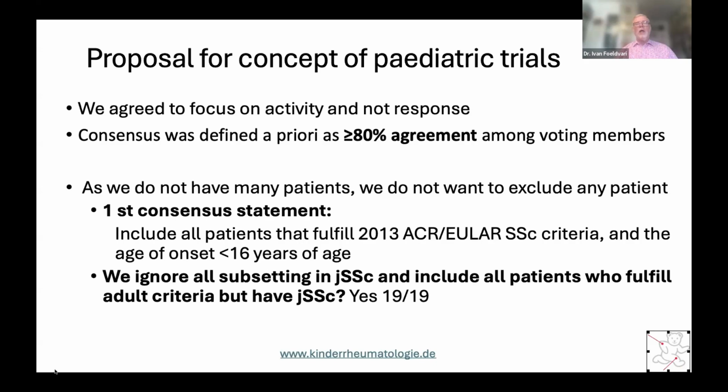A huge difference from adult studies is that we want to ignore subsetting. You know that there are diffuse and limited subsets, and there are patients who don't have any skin involvement. But basically, if the patient fulfills adult criteria, then we don't care about the subset of the patients.